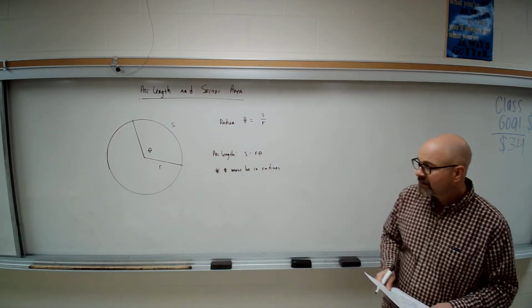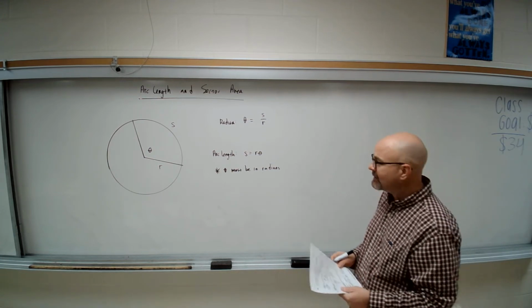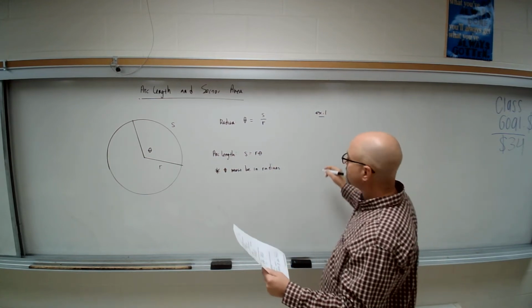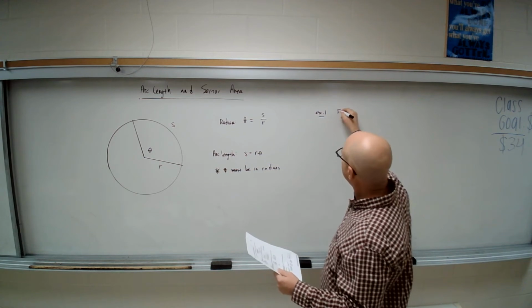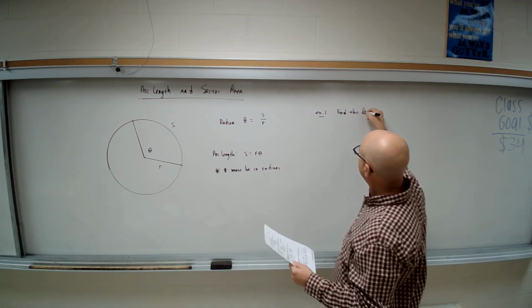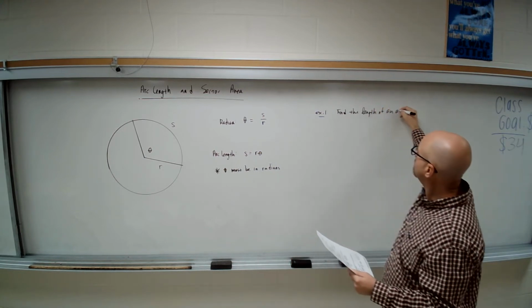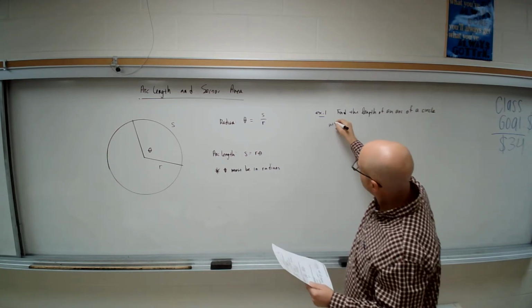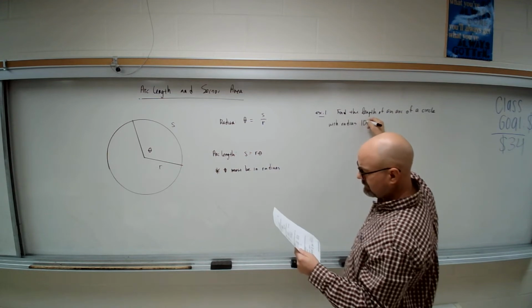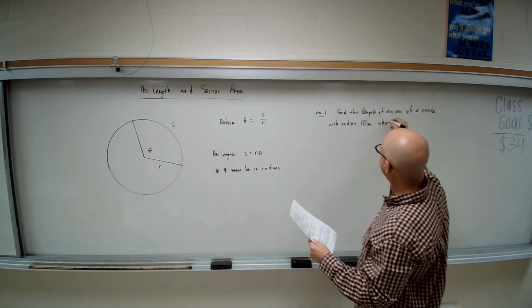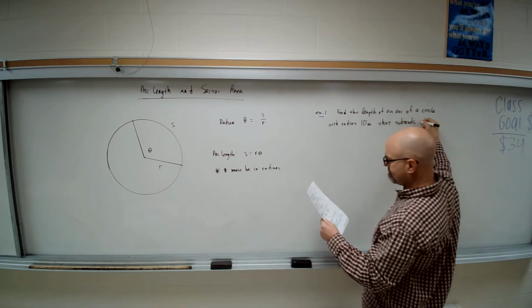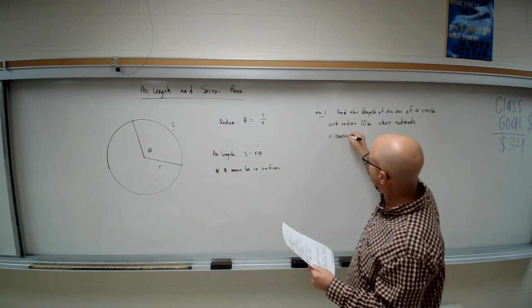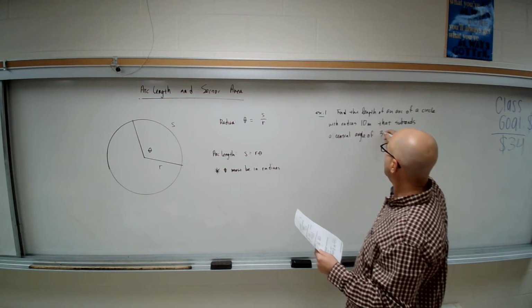So our first example here, and we'll see why degrees don't work in this example, we're told to find the length of an arc of a circle with radius 10 meters that subtends a central angle of 30 degrees.